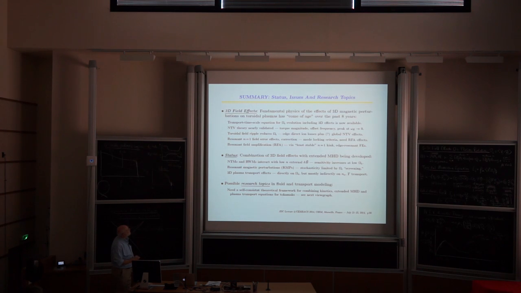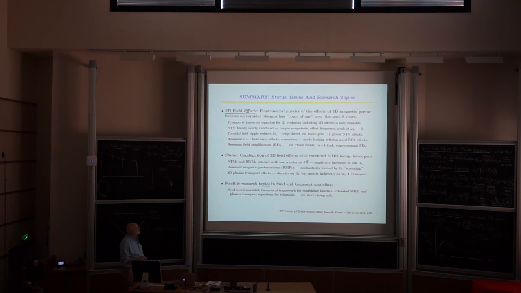Field errors. So the status is that the combination of these 3D effects with extended MHD responses and instabilities is being developed, and the neoclassical tearing modes and everything interacts, and the RMPs, we're trying to figure out how all this works, and the 3D effects mostly are on the toroidal rotation, but then that may affect the density and electron temperature transport.